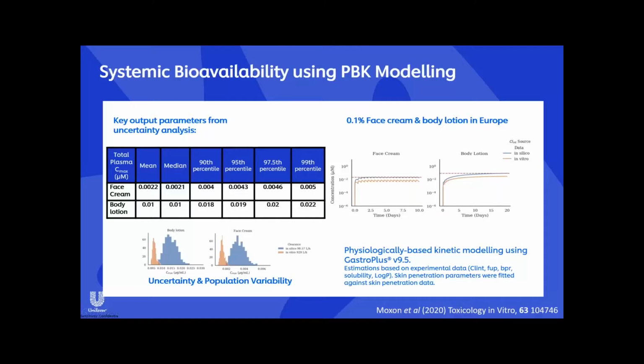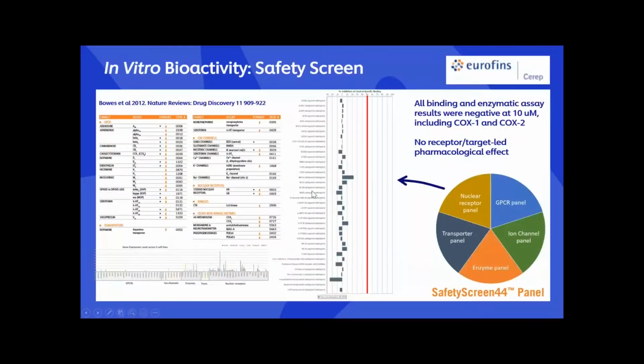And these targets were originally defined in this publication here by Bowles et al. as key reasons for safety-related drug attrition. So they're a good starting point for a cosmetic ingredient relevant panel, but not necessarily where we would want to end up. As you can see in this chart, all 44 assays for coumarin were negative.